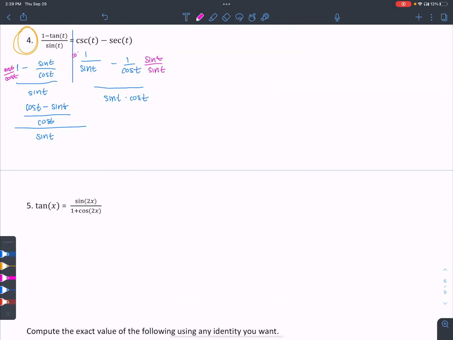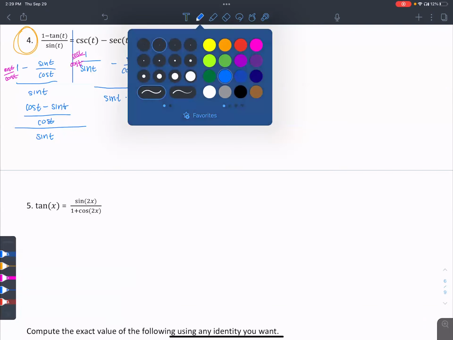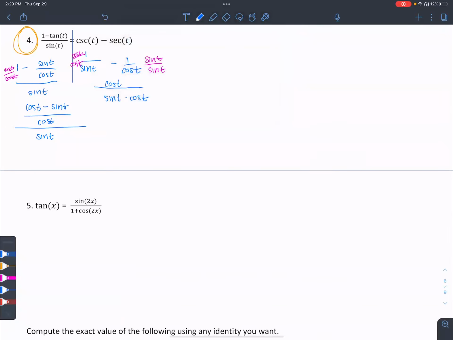On this side, I need a cosine t over cosine t. So I have cosine t minus sine t, or looking at 1 times cosine t minus 1 times sine t. Okay, so I actually am done with this side.